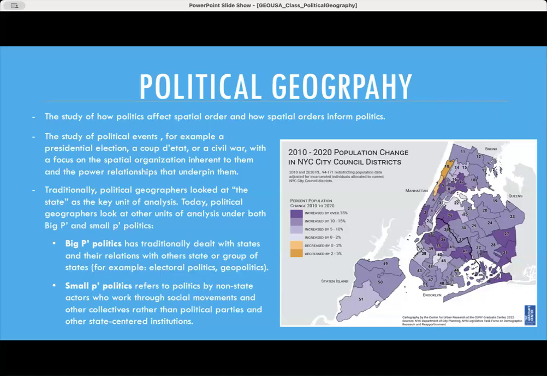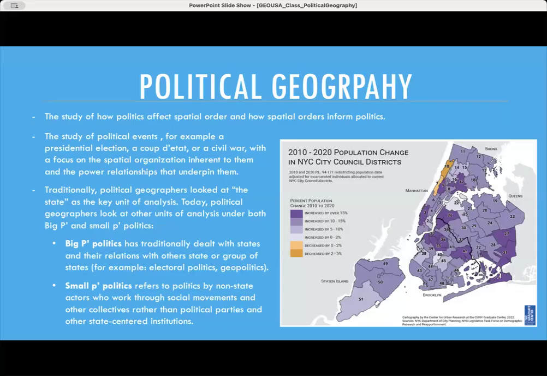What kind of spatial organization, the setting up of the events and of the location, played a role in how these events happened and were carried out? But also what kind of power dynamics between two or more opposing parties took place in that location.